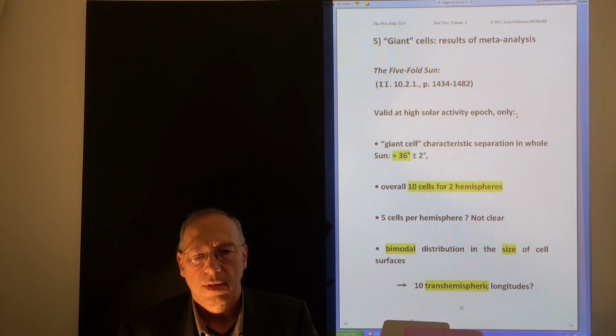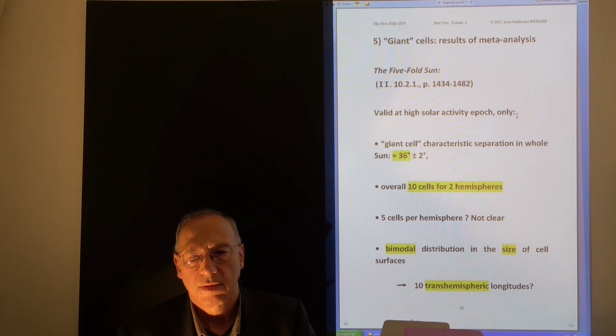First of all, the characteristic separation in the whole Sun for such giant cells might be exactly 36 degrees plus or minus 2 degrees, a central value which would be the decagonal one, and which is only a refinement of the finding of 35 degrees by Bumba in the original study in 1969. This would involve 10 cells for 2 hemispheres.